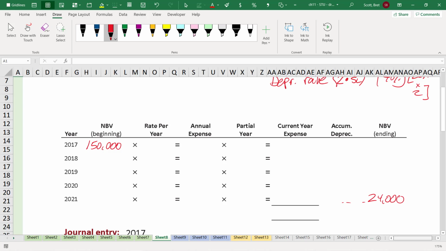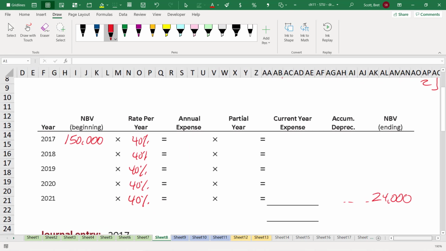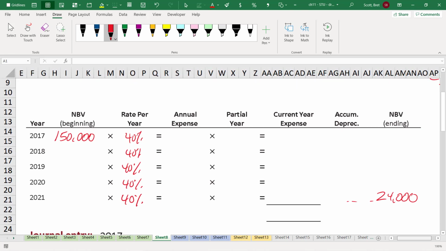And then our rate per year, 40, 40, 40, 40, 40. Once you get this inputted, you're on your way. So long as you practice just doing this over and over again, it's very, very hard to make a mistake. That's why we have schedules, okay?